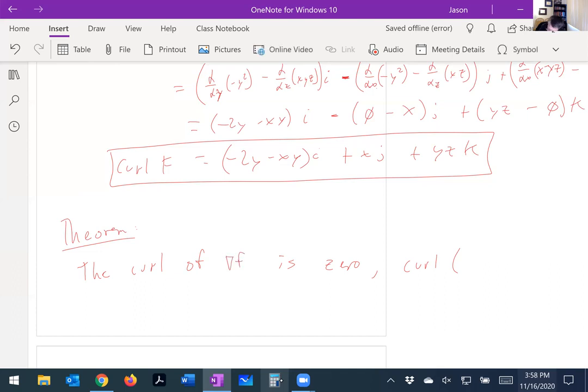If I take the curl of del f, the curl of F equal to del f is 0. That is, the curl of del f equals 0.